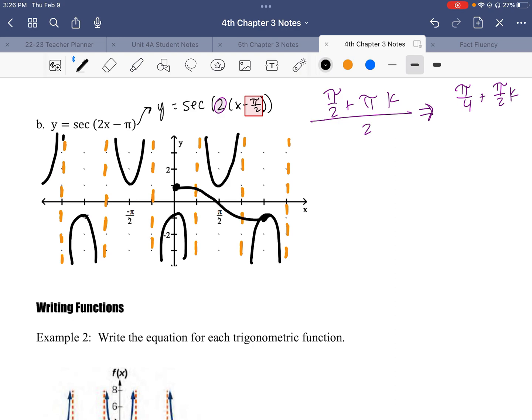It would have been something like this, okay, so it would look something like that. And then we changed the period of it and shrunk it down, so actually by pi it should repeat. So now it's up here.